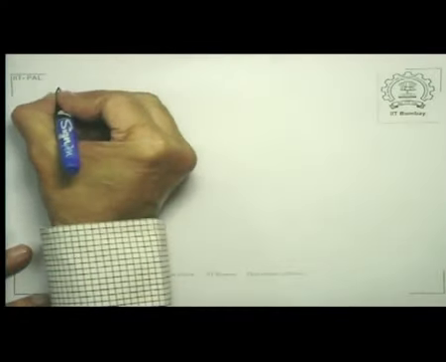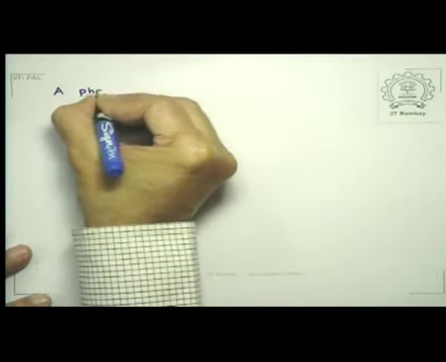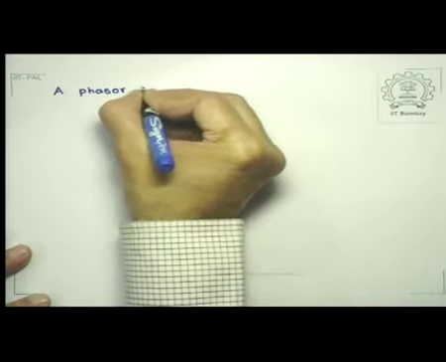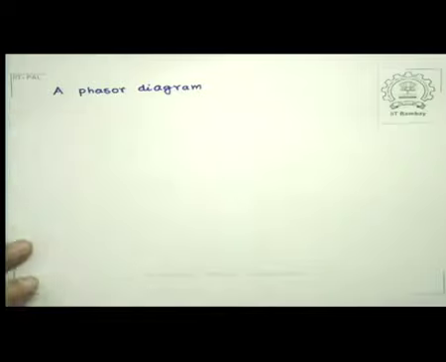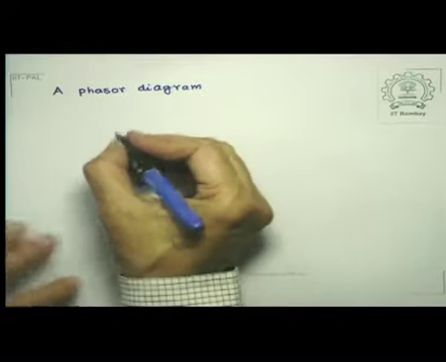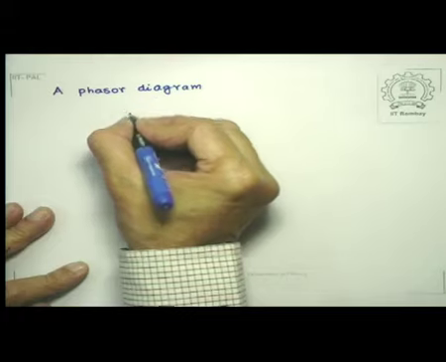A phasor diagram is basically a polar curve with its x-axis being a reference line at time t equal to 0. Let me plot this and I will go on explaining what a phasor diagram is.